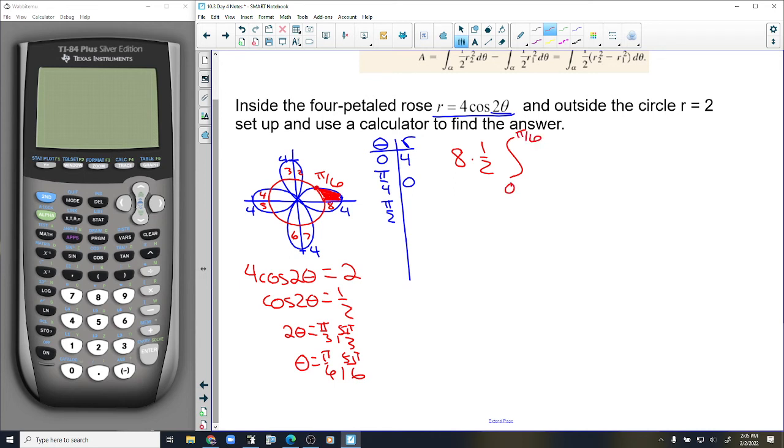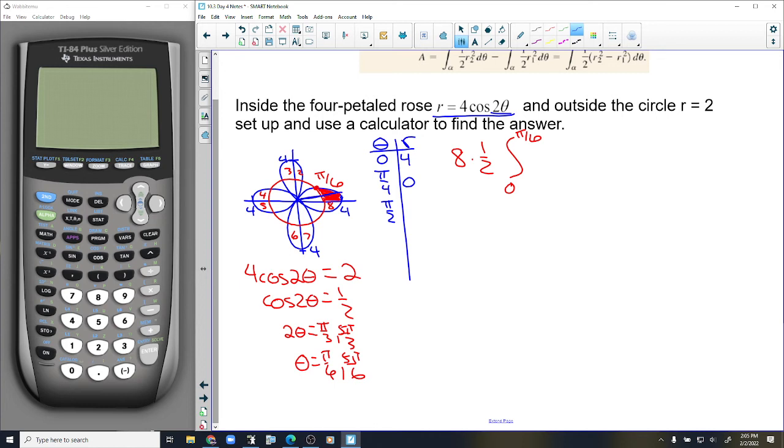Now, we have to decide, do we use subtraction or do we use addition? Is it following one curve and then following another, or is it in between? And this one's in between. If I draw one tiny little angle right there, I want all of this area minus that little area right there.